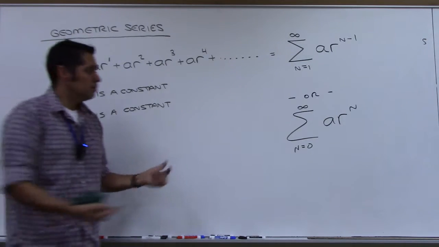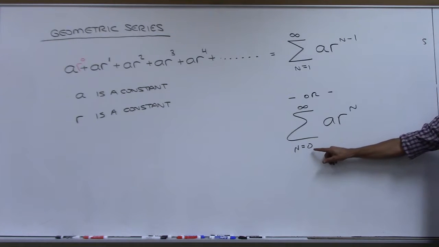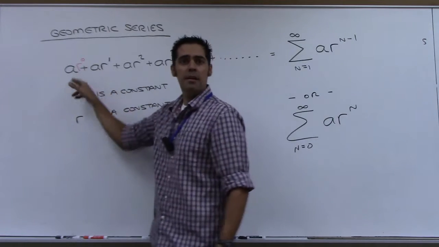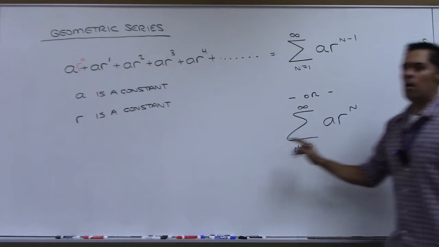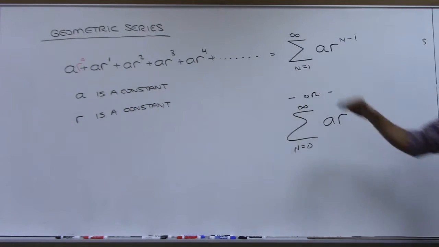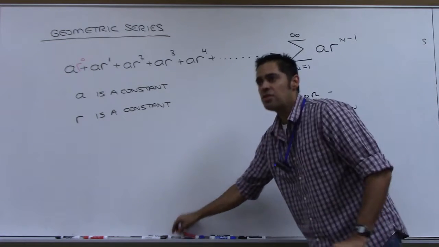Look, does this create the same thing? Let n be 0, what do you get? AR to the 0. Now let n be 1, what do you get? AR to the 1. So don't you create the same series of numbers using this and this? The only difference is where I started my index.